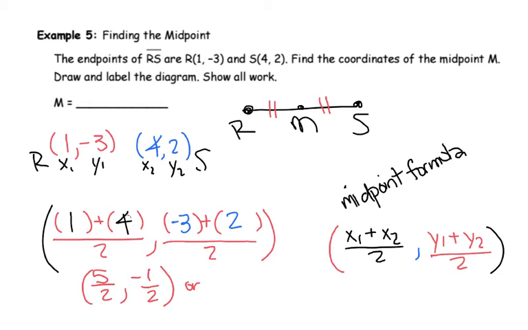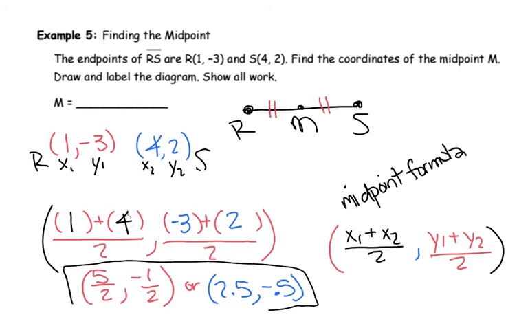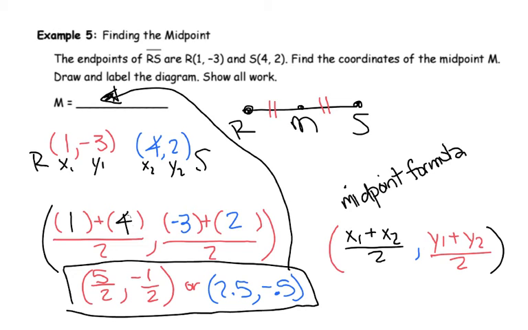So 2.5, comma, negative 0.5. I want you to write both answers in fraction form and in decimal form. All right, so that is our midpoint. I'm going to draw a little arrow here, because this is what should have gone there.